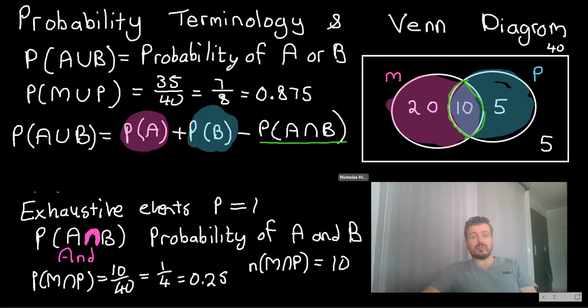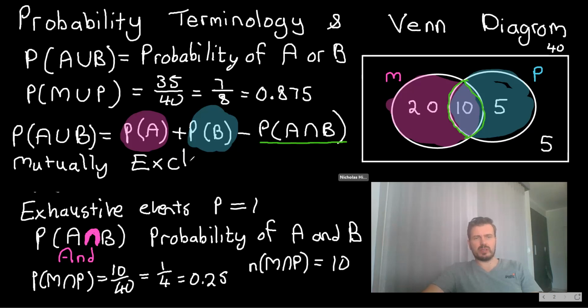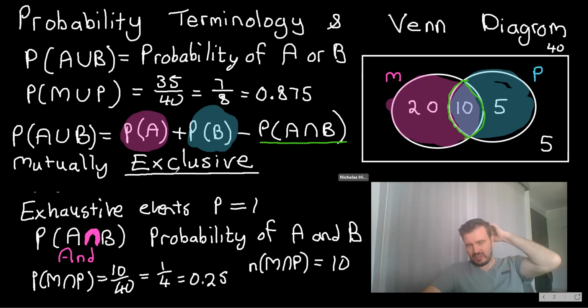And it's pretty interesting because from that rule, we can get another thing when we talk about mutually exclusive events. So we've heard about exhaustive, which includes everything. Mutually exclusive, think about exclusive. It's actually not that obvious.